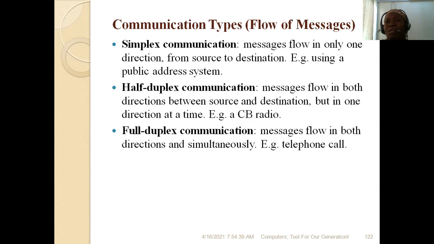One person is the source at time 1. Then after time 1, when it gets to time 2, the other person becomes the source. So the two parties can be source and destination depending on who is speaking at any given time.